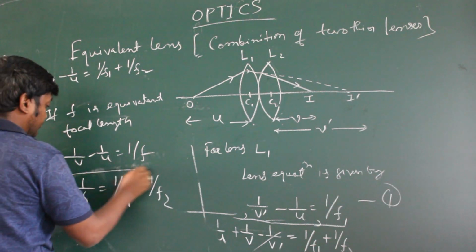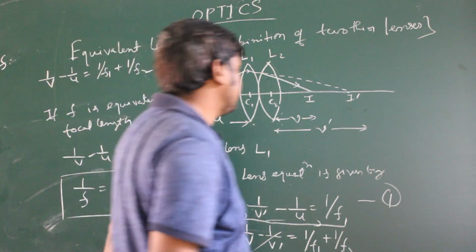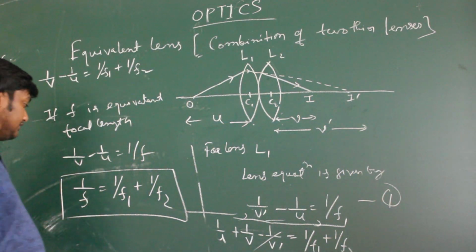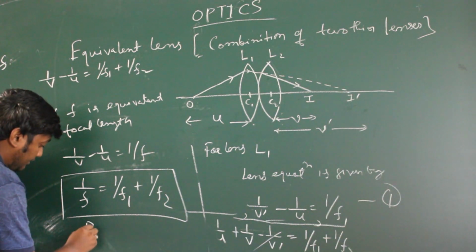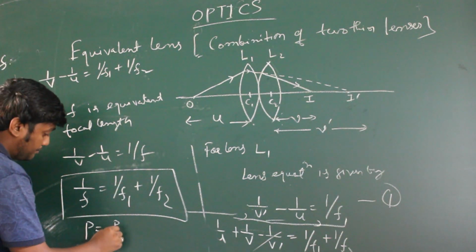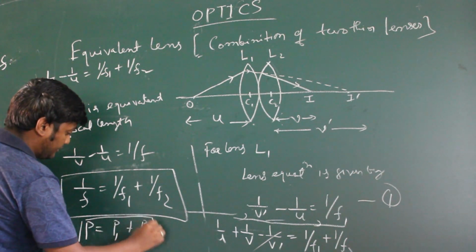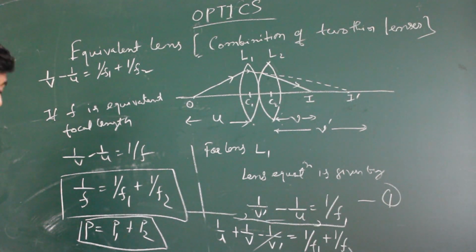This is the equation for a combination of two lenses. 1 by F is power P, so 1 by F1 equals P1 and 1 by F2 equals P2. So we can also write P equals P1 plus P2.